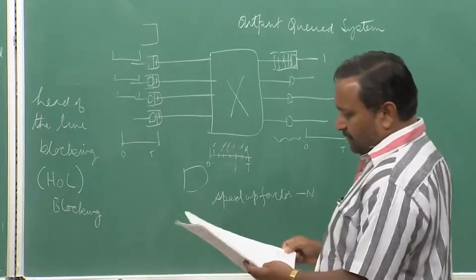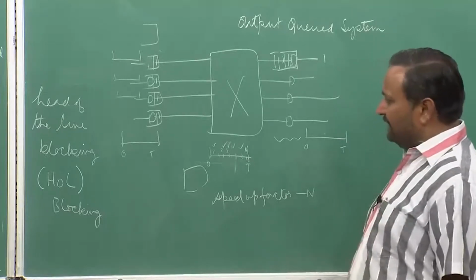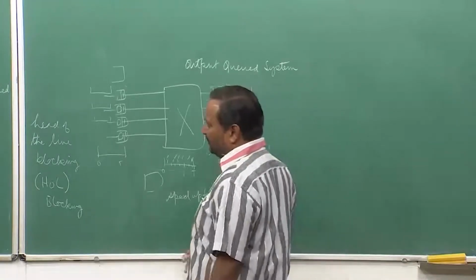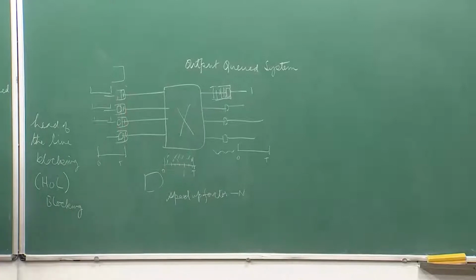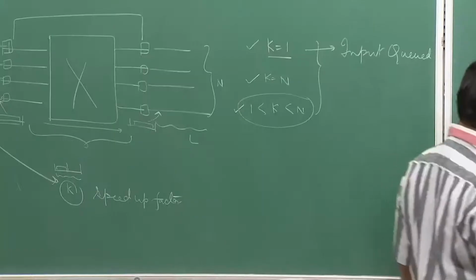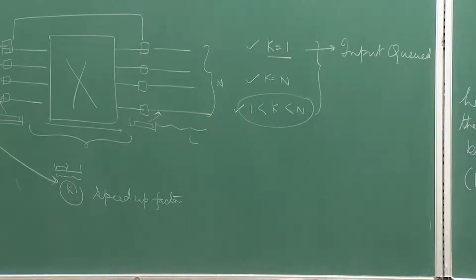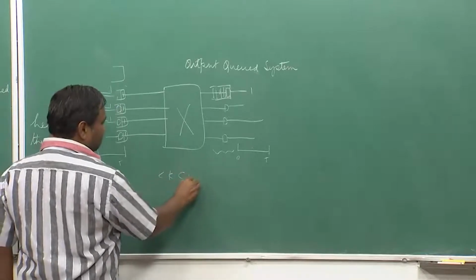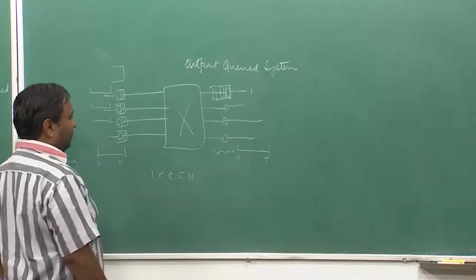You can also have a case when k is not equal to n, so you can have this particular scenario. In this scenario, k is not n, and k is also not 1.